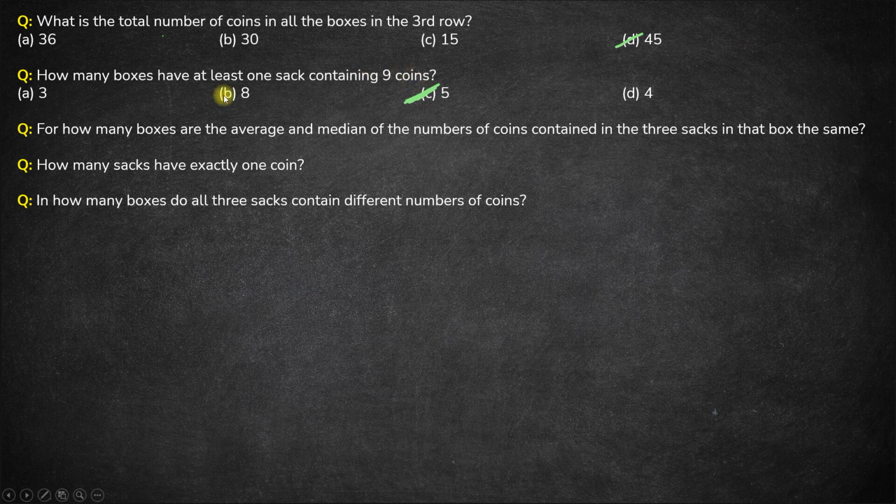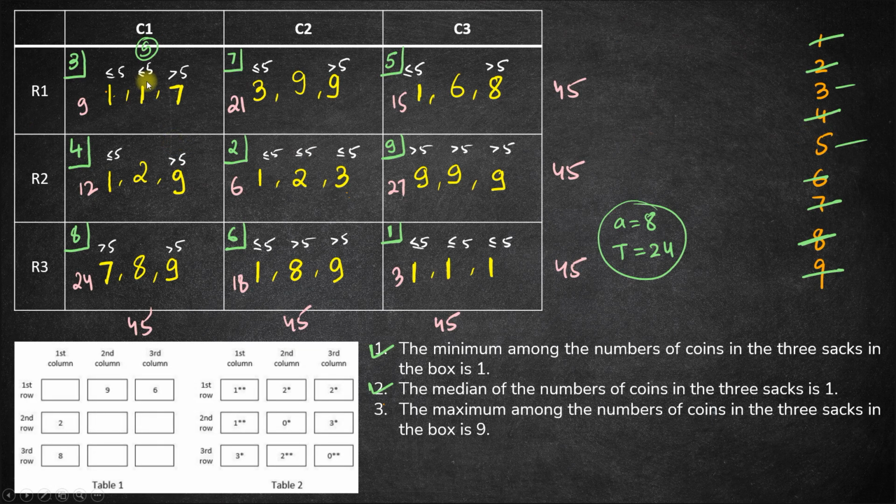Next, for how many boxes are the average and the median number of coins contained in the 3 sacks in that box the same? So average and median should be same. So here median is 1, average 3, not same. Average and median same here. So R3 C1 is the first box which has median and average same. Here again different.